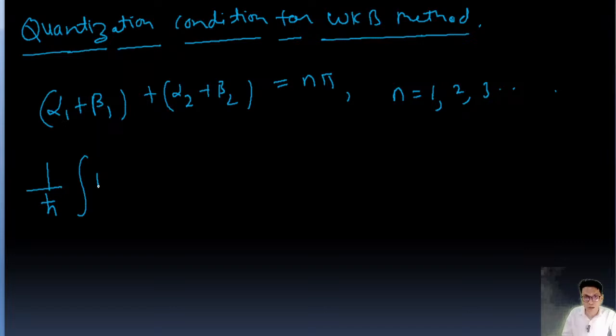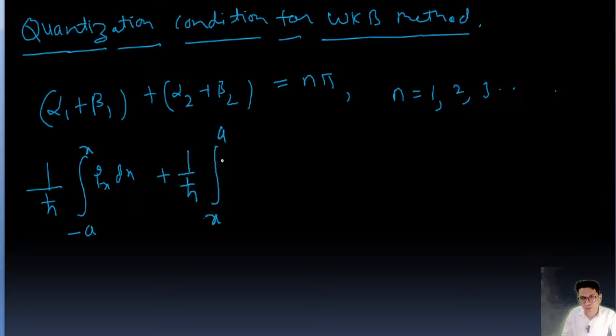That is p x dx, and this is from minus a to x, guys. We have taken a point x. Plus 1 upon h cut integration, alpha 2 value we are putting, x to a, p x dx, plus beta 1 plus beta 2 equal to 0.